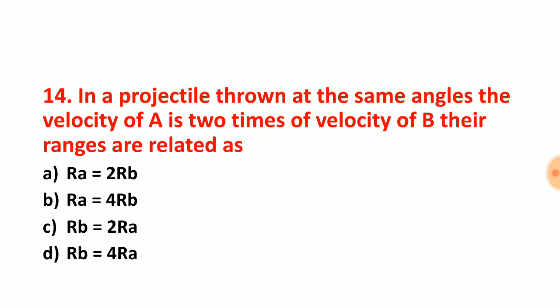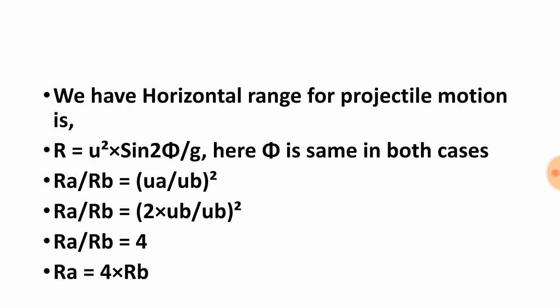Now let us see question number 14. For a projectile thrown at the same angle, the velocity of A is 2 times the velocity of B. Their ranges are? We know our formula to find the range is R equals U square sin 2 theta by g. Here we need to find RA by RB, all other things are same.